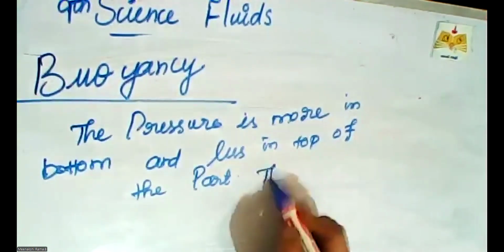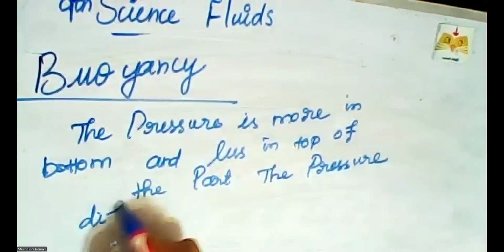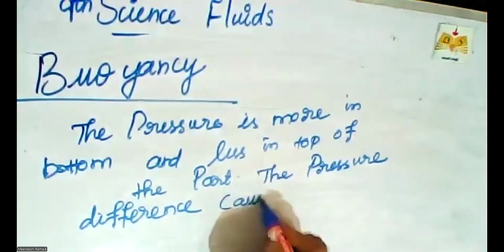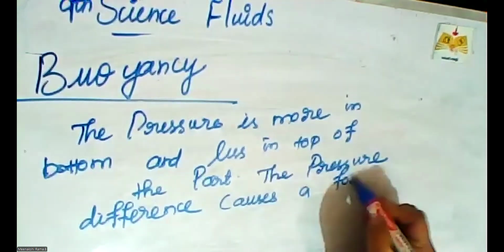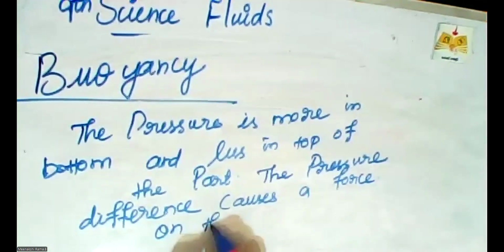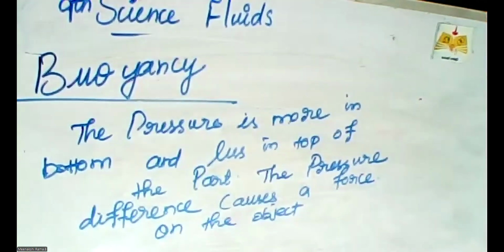So the pressure is different in that area. The pressure difference causes a force on the object and pushes it in the upward direction. This kind of force is called buoyant force. The pressure is more at the bottom and less at the top of the part. That is the first point. The second point, the pressure difference causes a force on the object and pushes it upward.